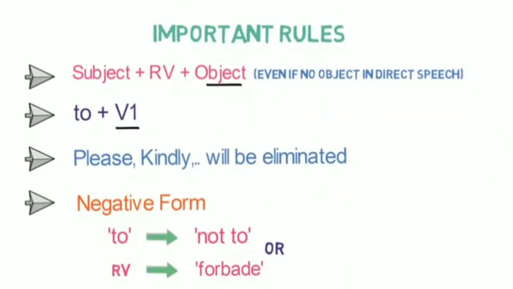Then we learned 4 important rules. Number 1, object will come in indirect speech after reporting verb regardless of its presence in the direct speech. Number 2, after the conjunction to, the main verb will come in verb's first form. Number 3, imperative words like please, kindly will be eliminated. And number 4, if the imperative sentence is in negative form, either convert to not to, or we have to use forbade in reporting verb.